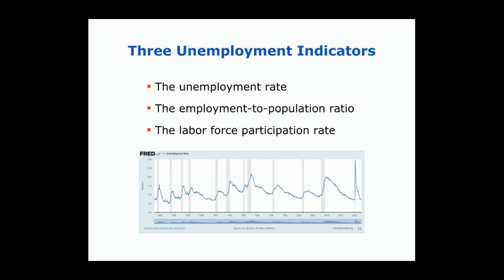How many people are employed in the total population, or in the working age population, rather? We can also look at the labor force participation rate. How many people in the working age population are in the labor force? So we have a number of different ways that we can look at labor utilization. We can look at employment and unemployment. It's not just the unemployment rate that we have.